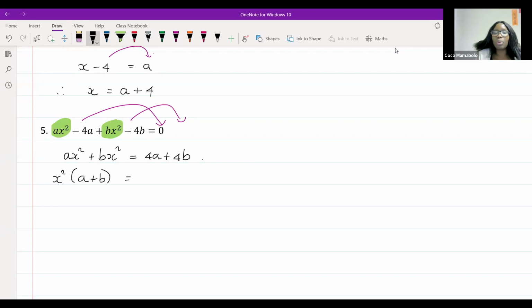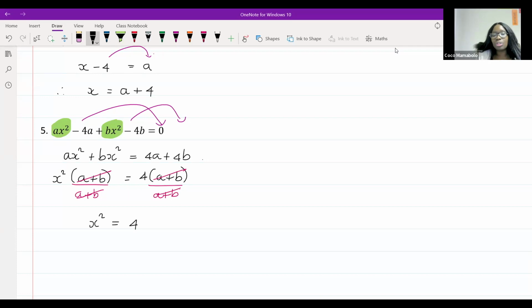On this side, I'm going to notice an HCF of 4. So I'm going to take 4 out and I'm going to get a plus b. Now, both sides have a plus b. So I'm going to divide this side by a plus b, divide this side by a plus b. Those will cancel, those will cancel. So I'm going to get x squared is equal to 4 left.